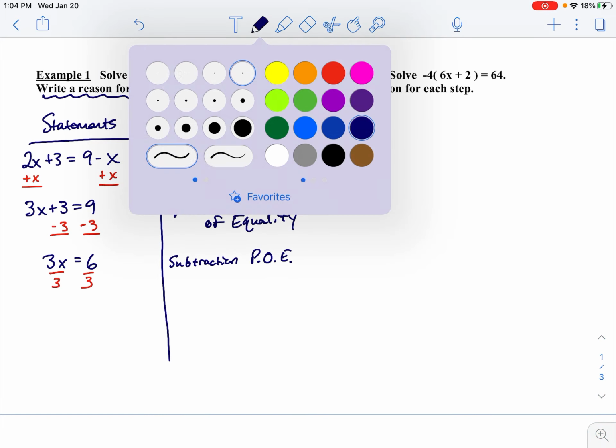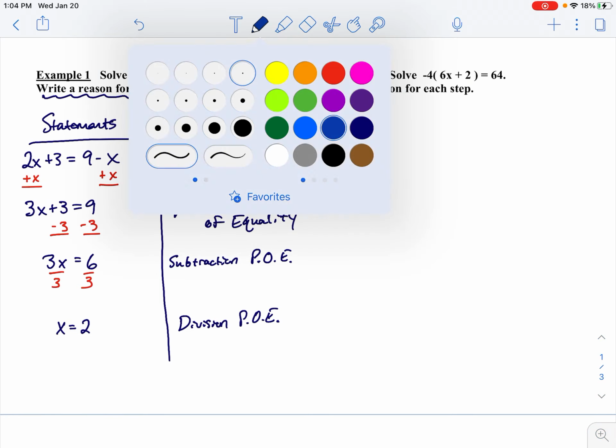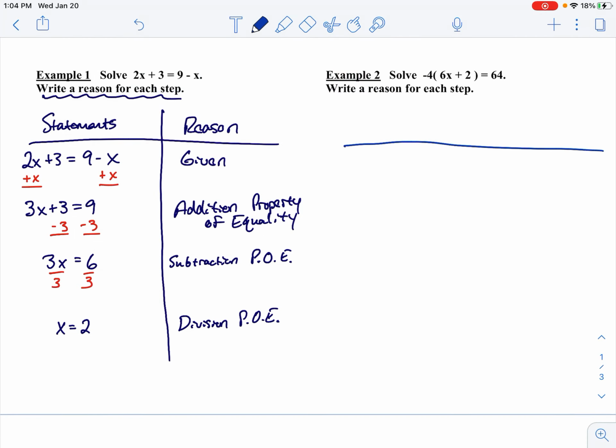And I know it's my last step because I've now figured out what that missing variable is. And I used the division property of equality. So again, I'll do POE. So there is every step justified. Again, today I want you more worried about how I'm getting to the end rather than just getting the answer.